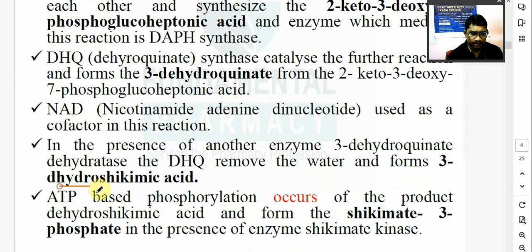Next product is nothing but the chorismate, which is formed from the 5-enol pyruvyl shikimate 3-phosphate by enzyme chorismate synthase.